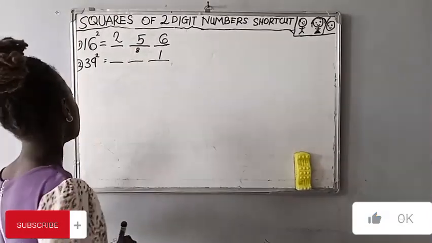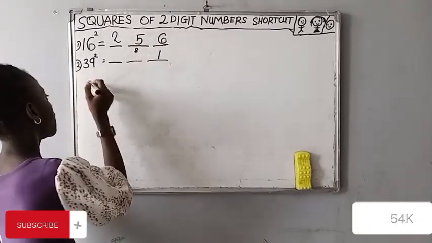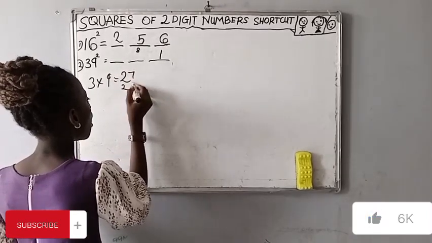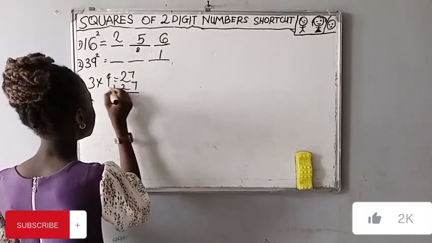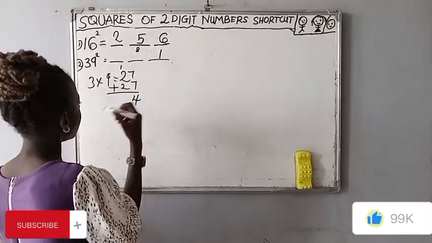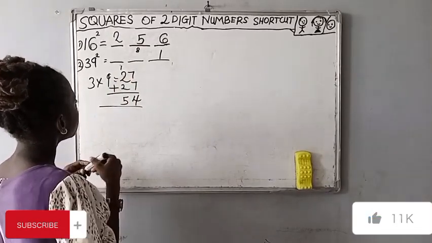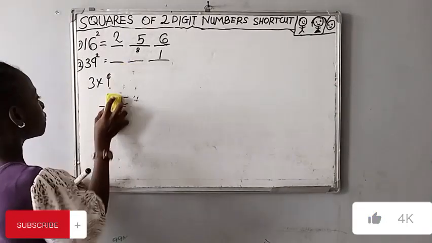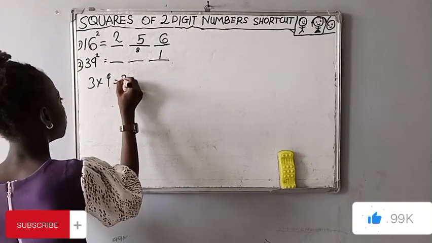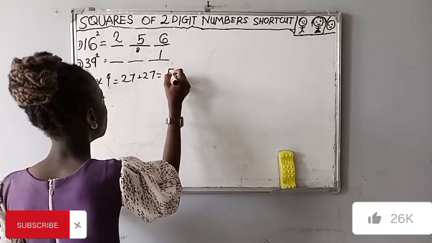Now, the second step is 3 times 9, which you double, plus this 8. 3 times 9 equals what? 27. The double of 27 equals 54.